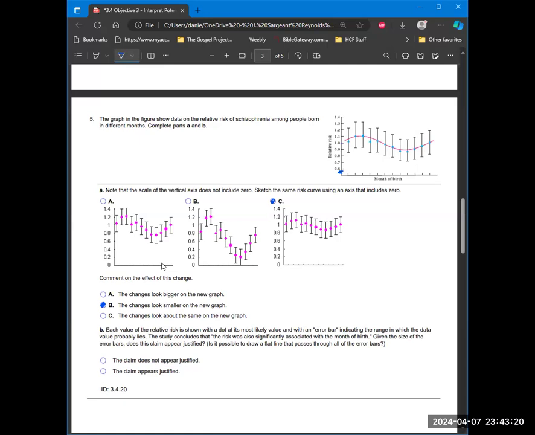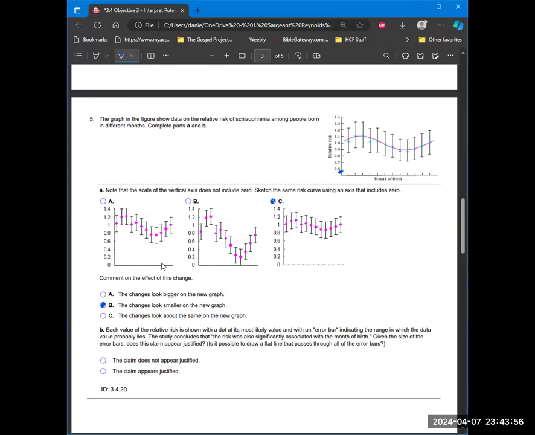We're just not using that language right here, but we used it earlier in previous videos, so we might as well use it here. The study concludes that the risk was also significantly associated with the month of birth. Given the size of the error bars, does the claim appear to be justified? The question here is, is it possible to draw a flat line that passes through all of the error bars?